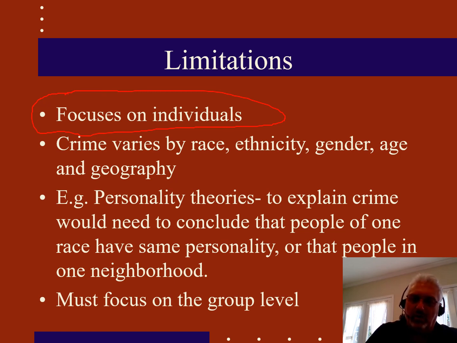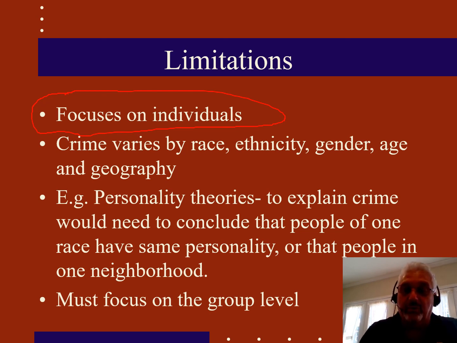But here's what we know already from studying four chapters of criminology this semester, and that is that crime varies significantly by race, age, ethnicity, gender, and, as we're going to get to a little bit later on, geography. Okay? It varies by very broad social categories. And by focusing only on the individual, we have to conclude that, given the crime rates we see by race and ethnicity and gender and age, everybody within that group must have a propensity to this psychological disposition.